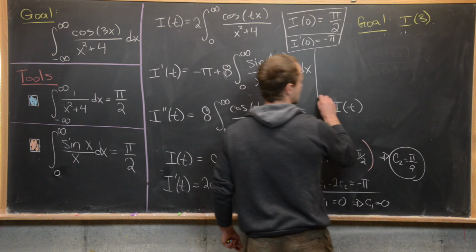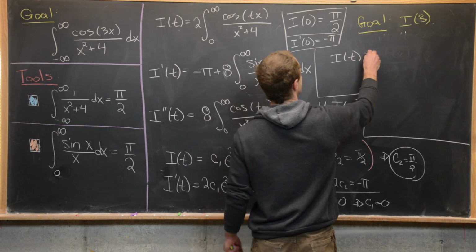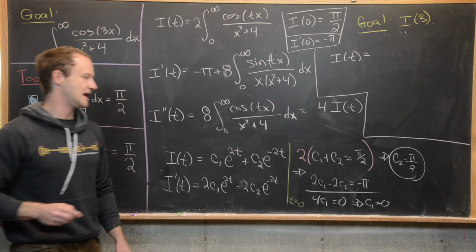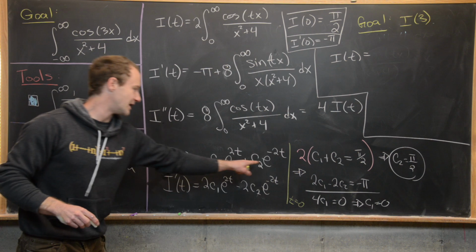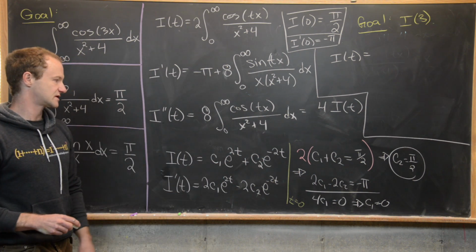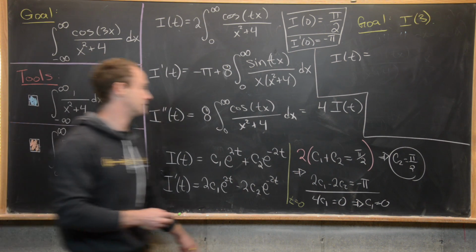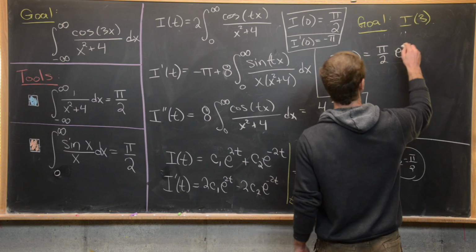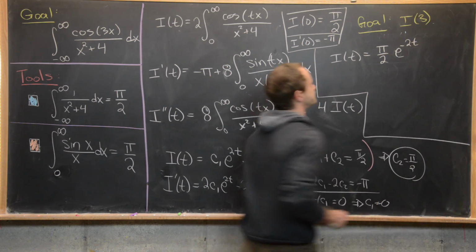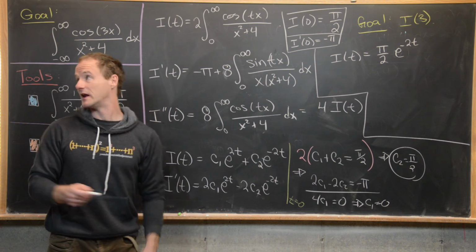So up here, we can finish it all off. Notice our function, which we've represented as an integral right here, can also be represented as a linear combination of exponential functions, where c1 is equal to 0 and c2 is equal to pi over 2. So we've got that this is equal to pi over 2 e to the minus 2t. But our goal was this thing evaluated at 3.